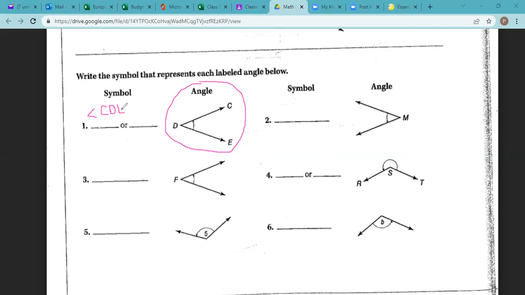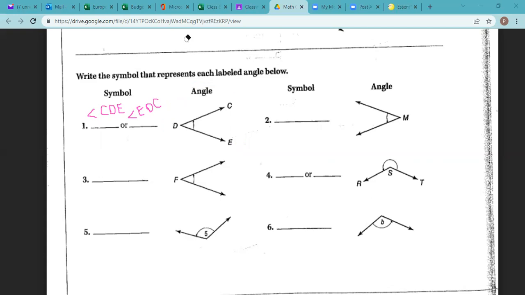But what's the other answer? How could I put it for a second answer? Think about that. You could write it angle EDC. We're just turning it around, but again, we need the letter D to be in the middle because it's the vertex.